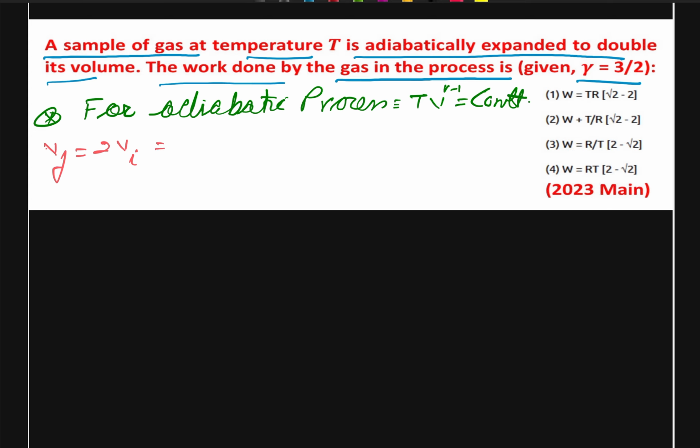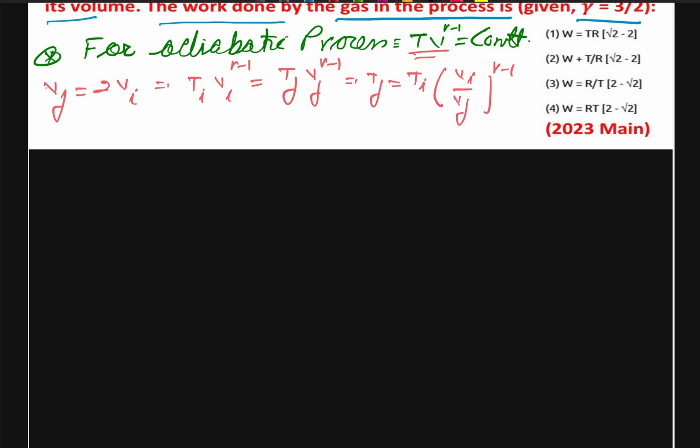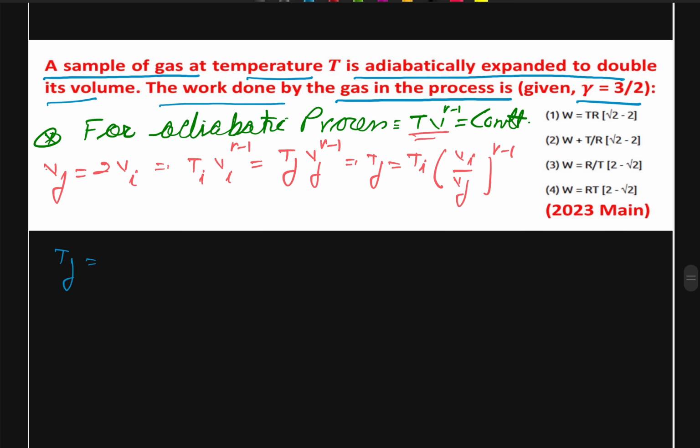We can write the equation as T initial V initial^(gamma minus 1) is equal to T final V final^(gamma minus 1), and from here we can say T final is equal to T initial times (V initial upon V final)^(gamma minus 1).